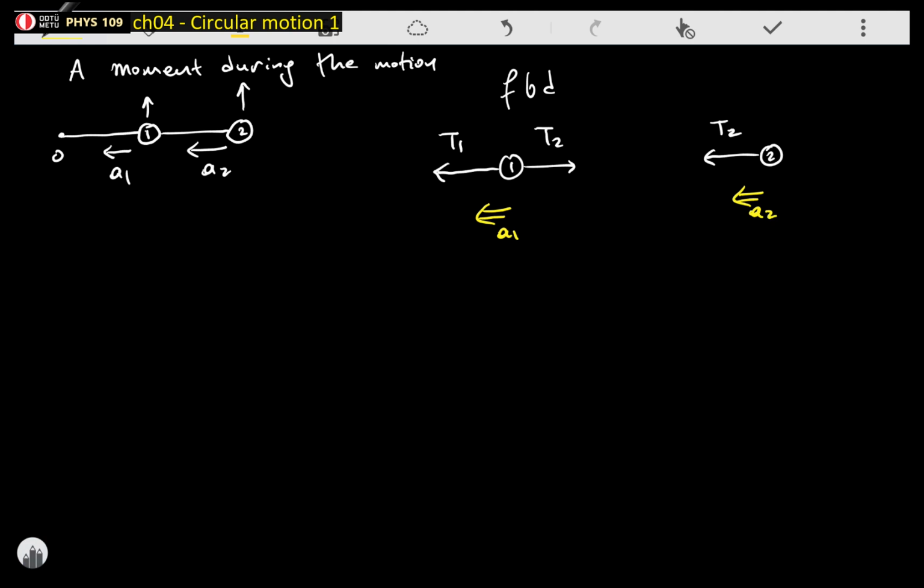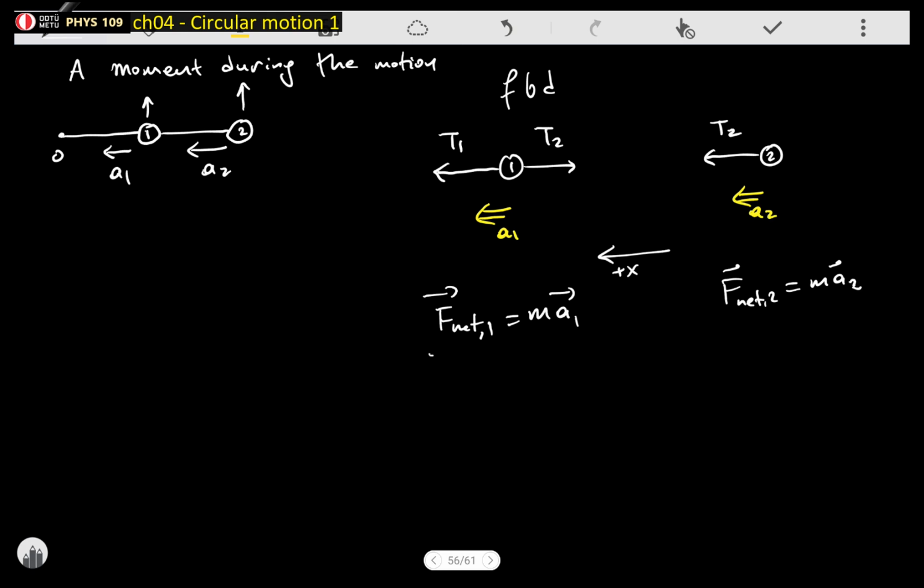Okay, just as in the previous cases, I'm going to choose an axis. So I'm going to choose the positive x-axis in the leftward direction, and then write down the net force is equal to mass times the acceleration equation. So on the first object and on the second object, and obviously the net force on the second object is equal to mass times its acceleration.